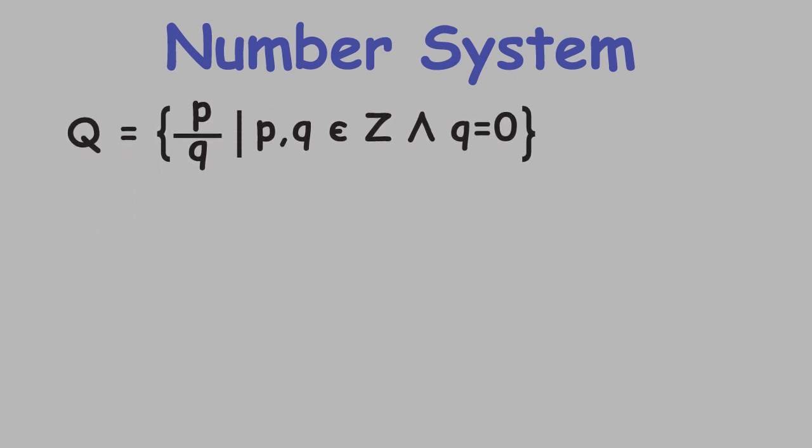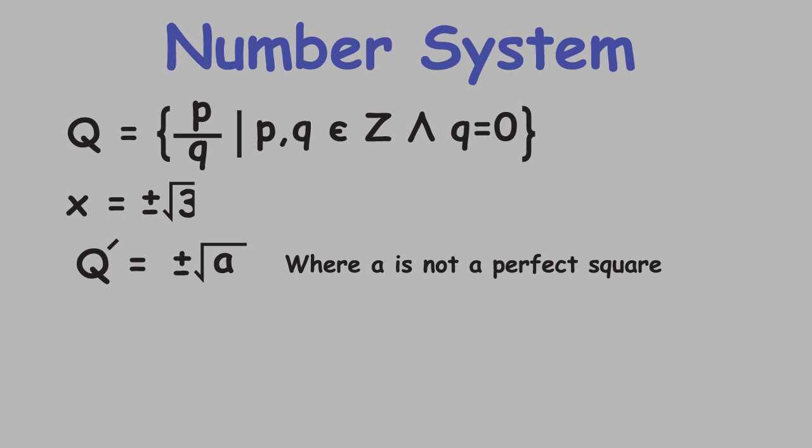If I write the equation x square equal to 3, the solution of this equation is plus minus under root 3, which does not belong to the rational number set. So another set is introduced, which is the irrational set.